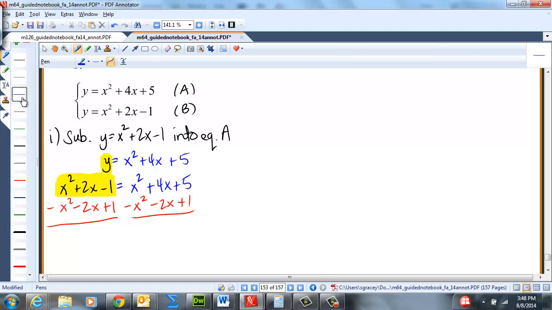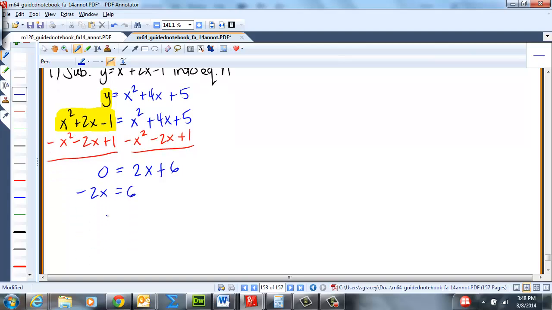What we will have is 0 on the left side is equal to the x squared zeroing out, and then we'll get 4x minus 2x is 2x, and 5 plus 1 is 6. So negative 2x will be 6. Dividing by negative 2, we'll get x is negative 3.